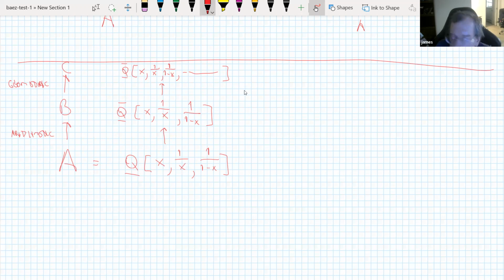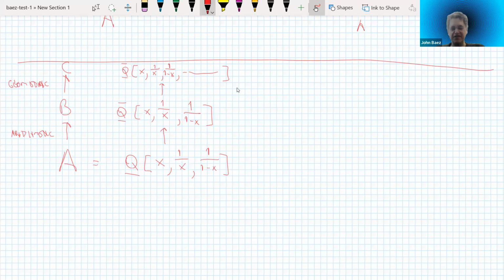But we've already eliminated x equals 0 from the spectrum by putting in 1 over x. So these are the algebraic functions that have branch points only at 0, 1, and infinity, something like that.